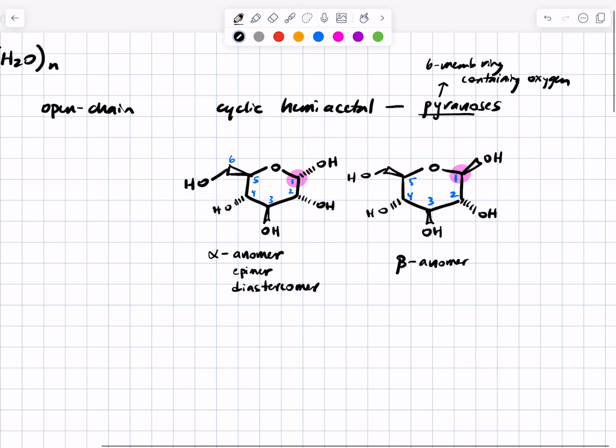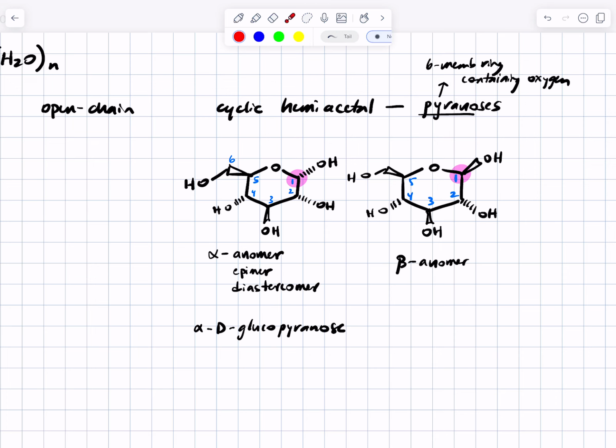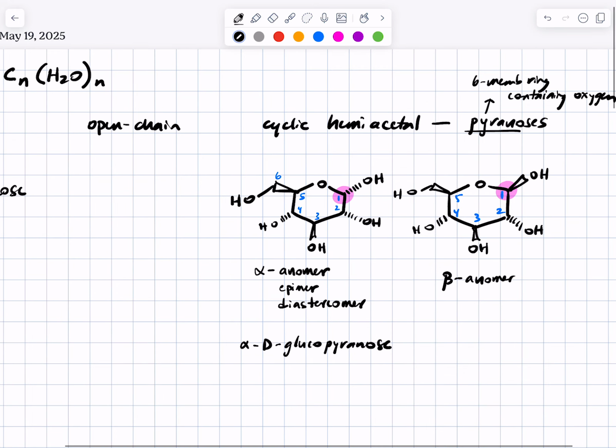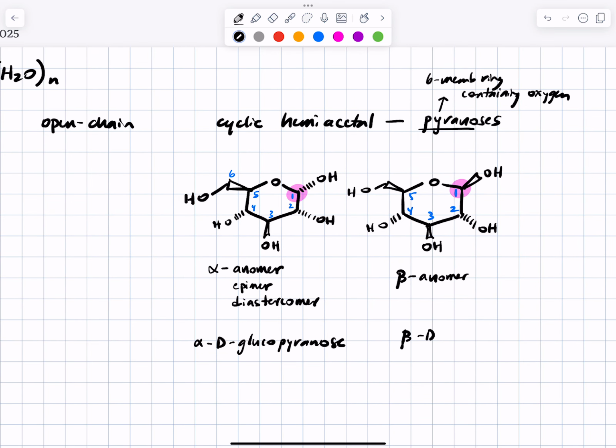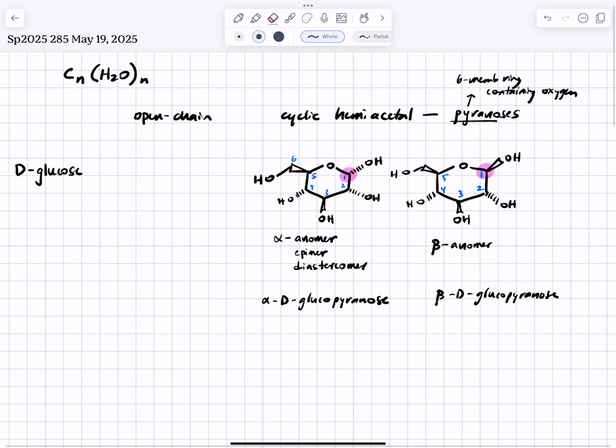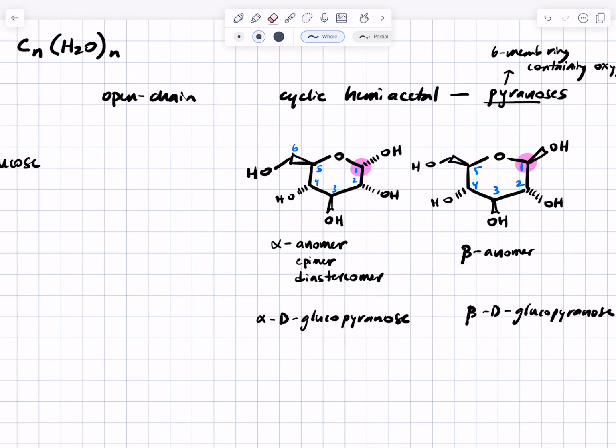So, for example, if someone writes alpha D glucopyranose, they're talking about this molecule here. And if they write beta D glucopyranose, they're talking about the diastereomer on the right.